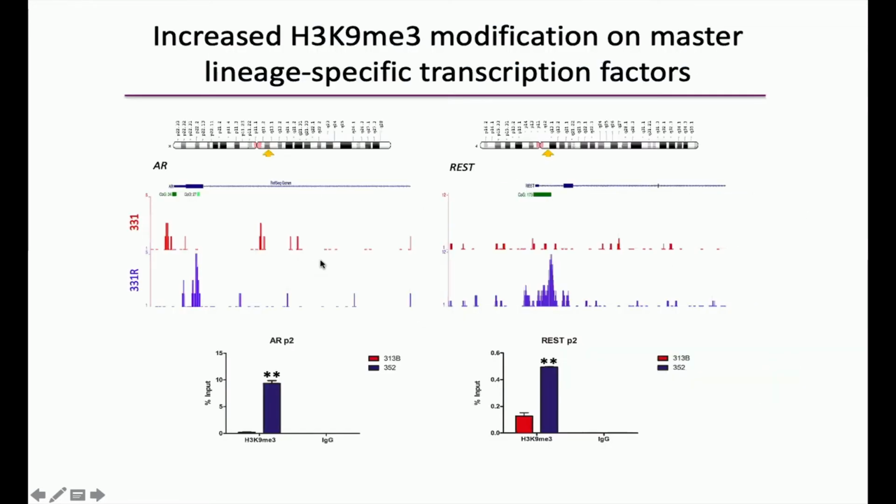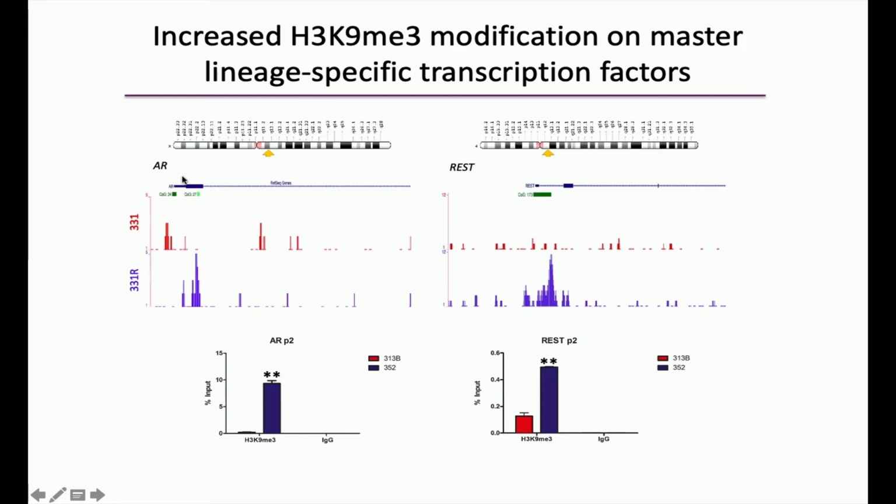The reason it is a big deal is that AR and REST are typical adenocarcinoma transcription factors. So in order to transdifferentiate into something else, you have to shut down AR and REST. And this is the data here.